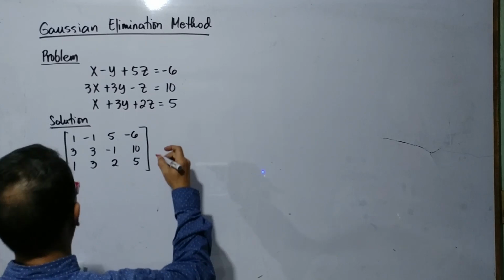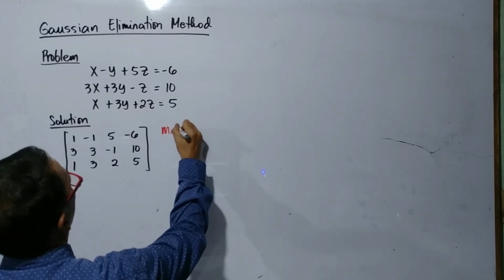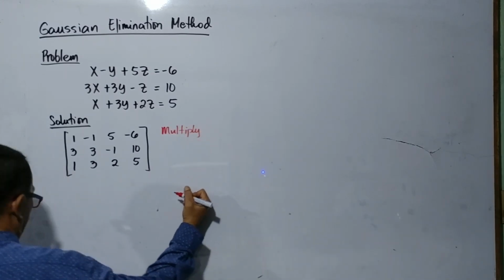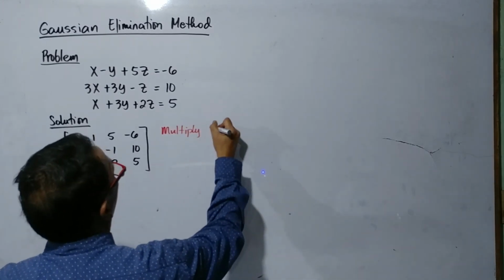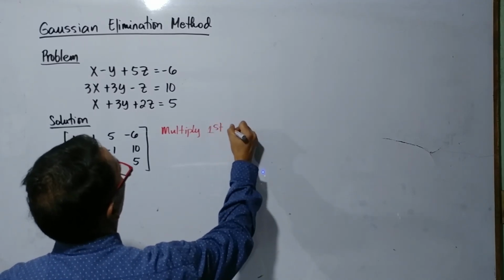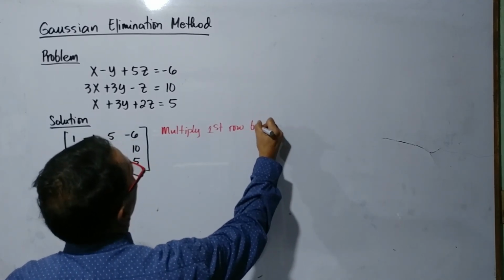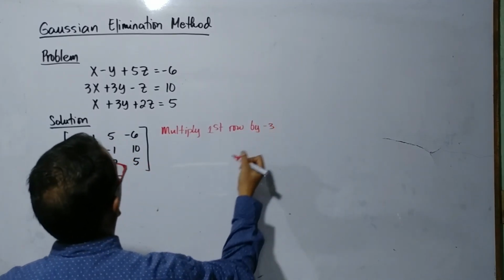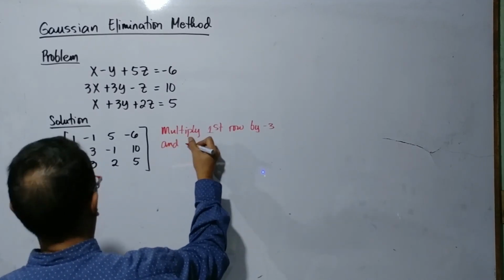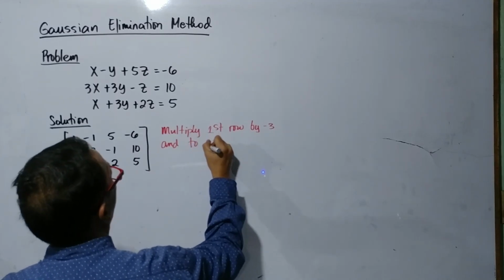So you have to multiply first row by negative 3 and add to second row.